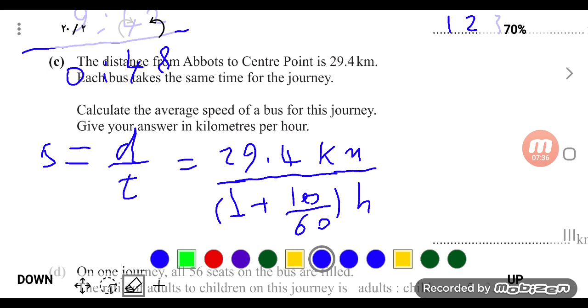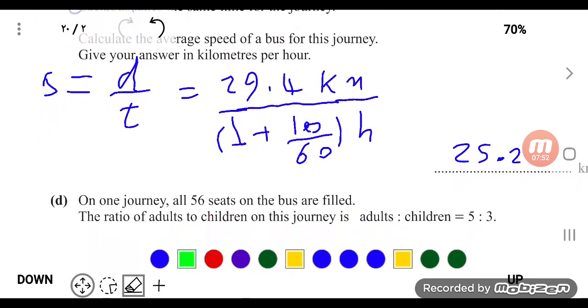Now on the calculator you get the answer 25.2 kilometers per hour. Okay, let's move now to the next question.